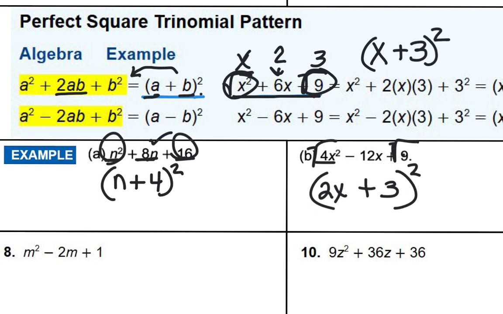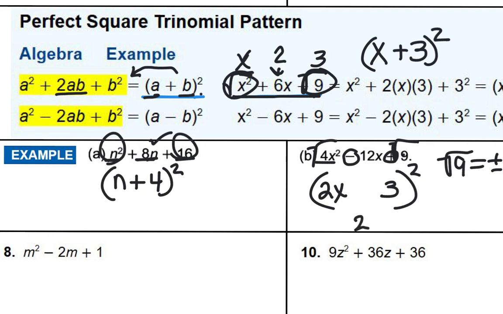Now, you say, is that going to be plus or minus? So let's talk about it a little bit. So you notice it's got a minus here and a plus here. So our question is, what do I put here? Well, we know that the square root of 9 can be either plus or minus 3, correct?